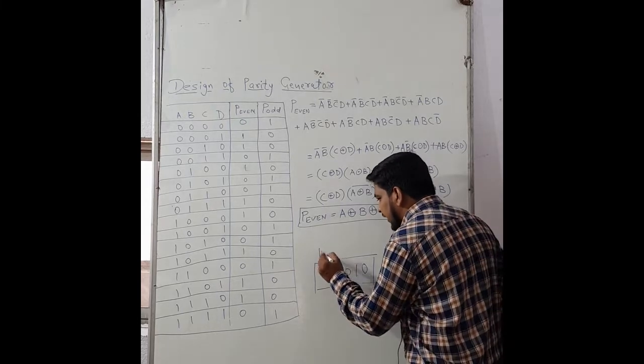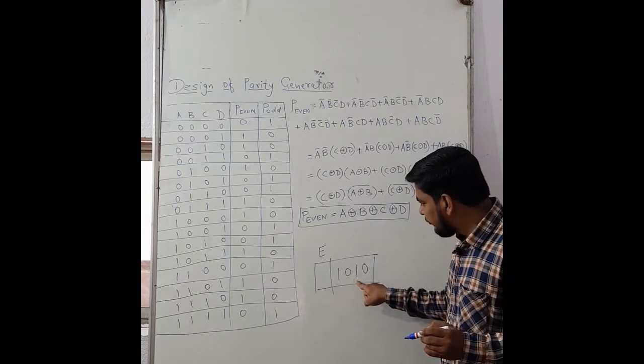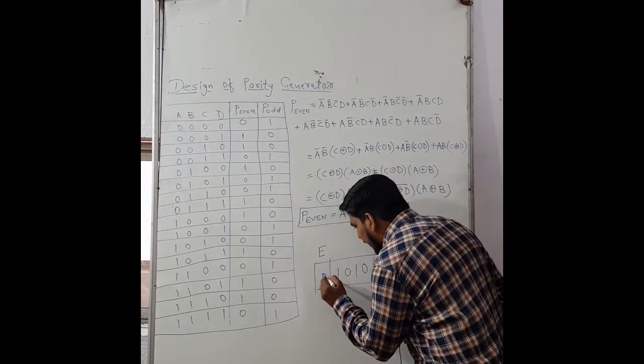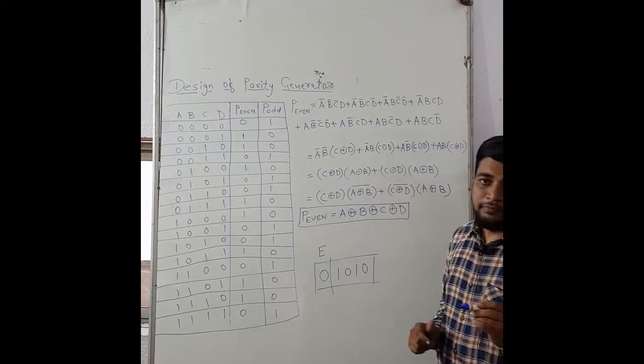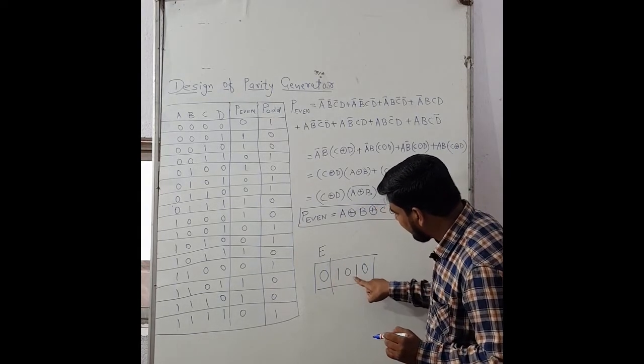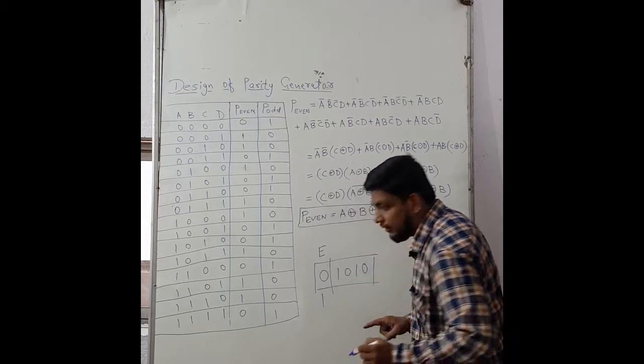If we are considering an even parity, then based on the number of ones, here the number of ones is 2, so the input information is already even, so we add an extra bit of 0. If we consider an odd parity for the same information, the number of ones is even, so the odd parity bit will be 1.